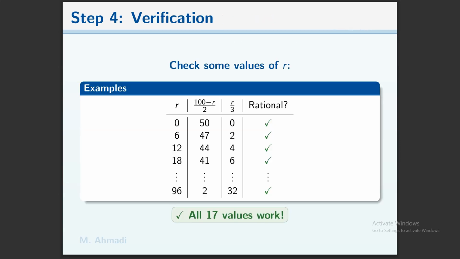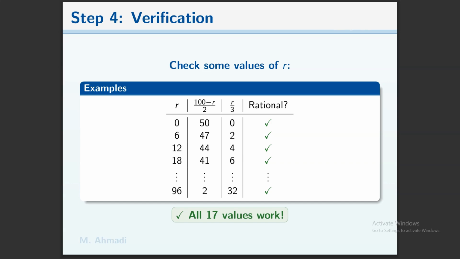Let's check for some values of r: 0, 6, 12, 18, up to 96. For r equal to 0, (100−r)/2 is equal to 50, and for r equal to 96, (100−r)/2 equals 2.